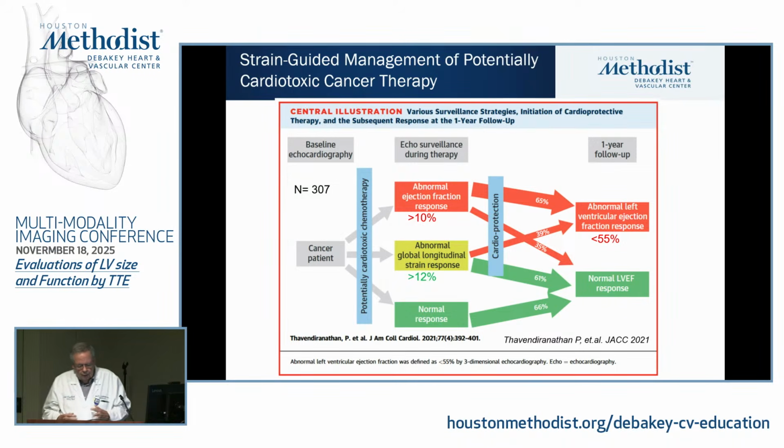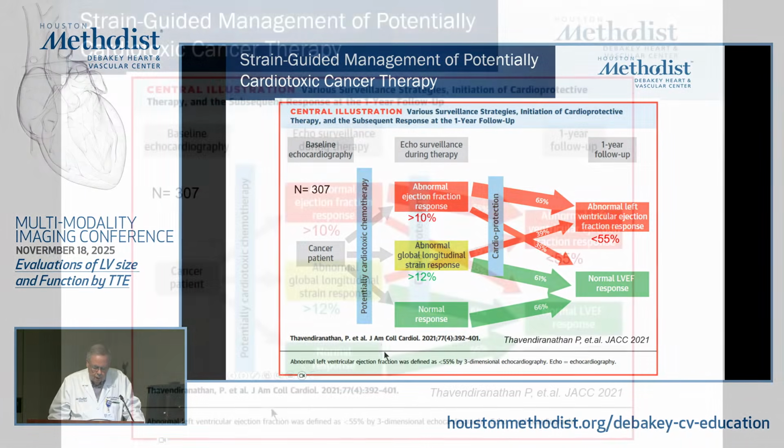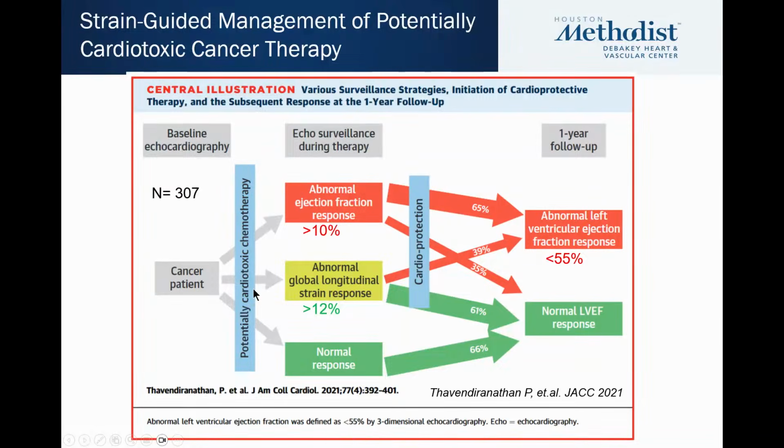So a little later, this randomized study was done with about 300 patients. They were all receiving cardiotoxic drugs, and then they were randomized. So one group was given cardioprotection, heart failure therapy, usually ACE inhibitors and/or beta blockers, if the ejection fraction dropped over 10 points, okay?